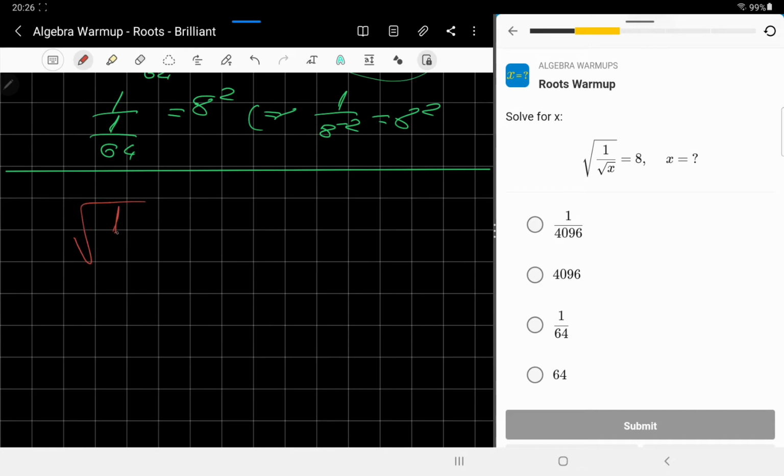If we square both sides, we have 1 over the square root of x equals 8 squared. This actually means 1 over x to the power of 1 over 2 equals 8 squared.